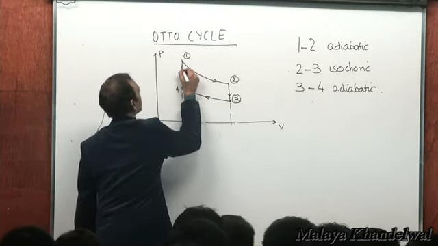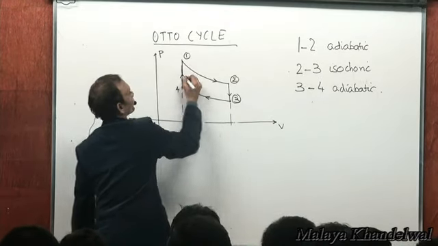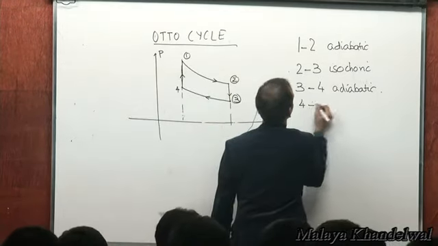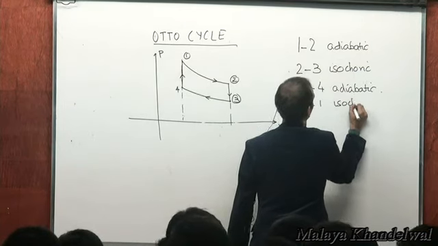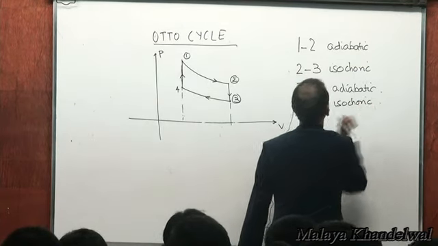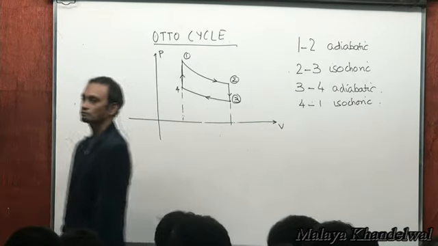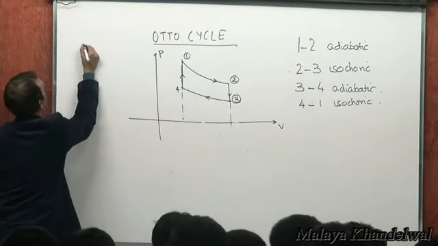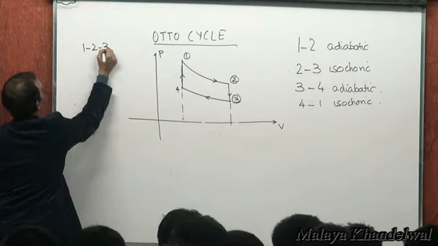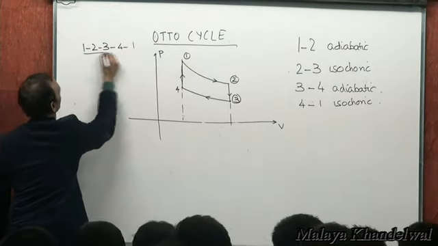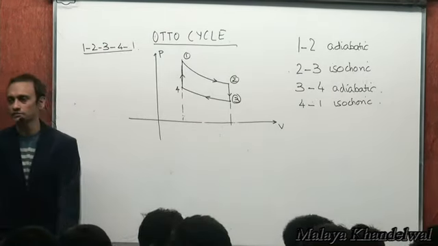And 4, 1 is an isochoric process. 1, 2, 3, 4, 1, that's the Otto cycle.